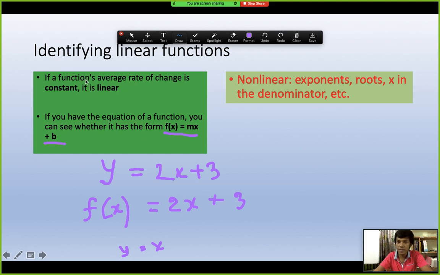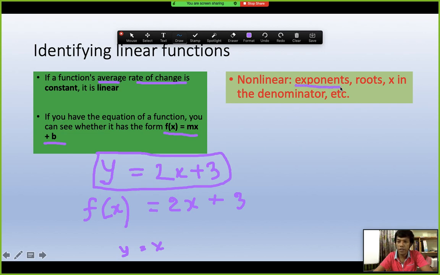And if data is given, then from the data we have to look at whether the average rate of change, that means the slope, is constant or not, which we will discuss in the examples. For this we also have more examples in the next slide.